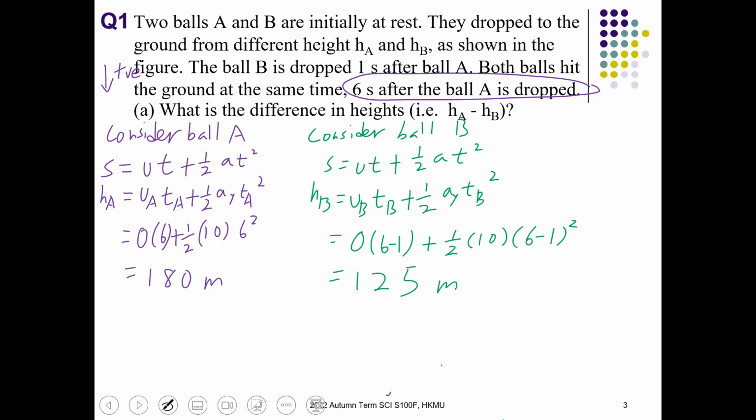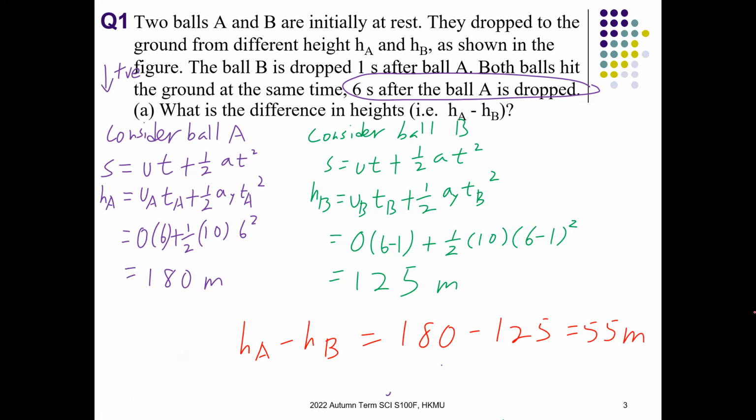With the heights for ball A and ball B, we can find HA minus HB. This is 180 minus 125, which is 55 meters. We say HA minus HB, or we can say subtract HB from HA.